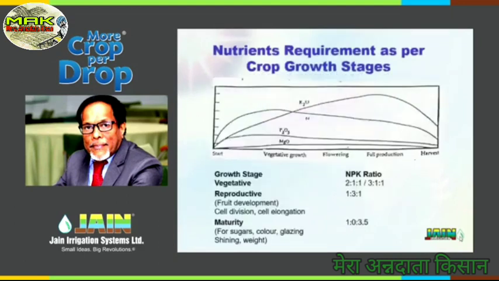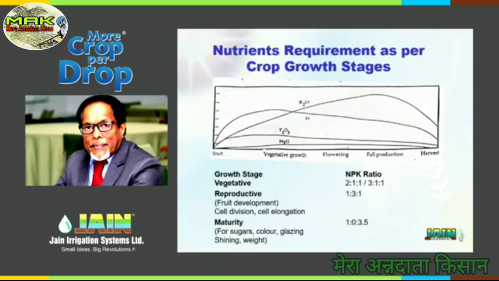Now, this is a classic diagram of nutrient absorption found in any crop physiology and even plant physiology books. It has a value, even though it's an old publication. By the way, old sometimes can be most valuable. Here you look at the crop growth stage, just a general thing, not a specific crop. You have the starting stage, then vegetative, then flowering, then the full production of the fruits or grains, then the harvest happens.